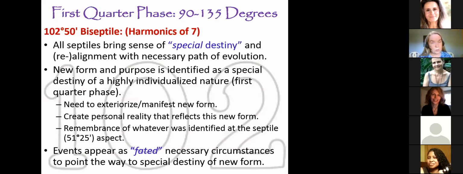They will also work in this particular case, going from first quarter squares to the biseptile. That will also work with realigning anything from those first quarter squares that may have gotten off its path of evolution.